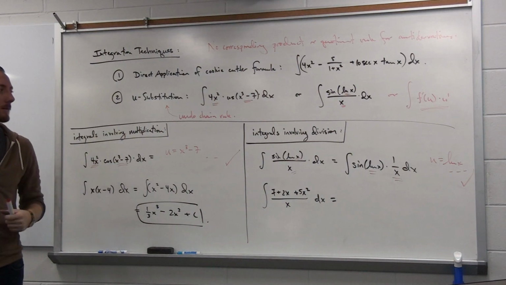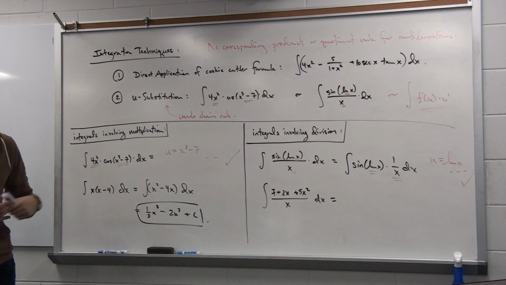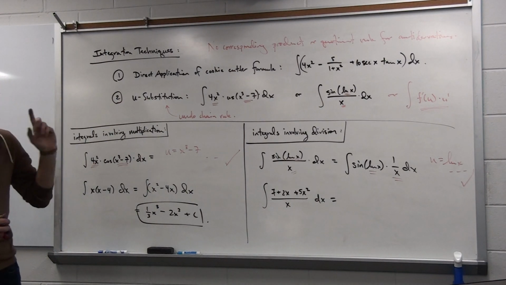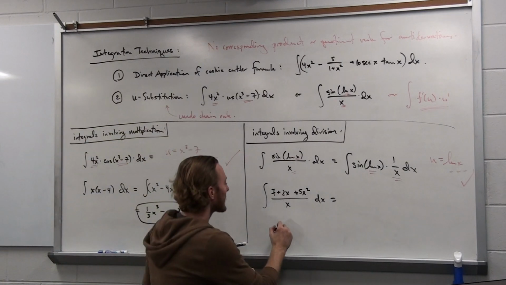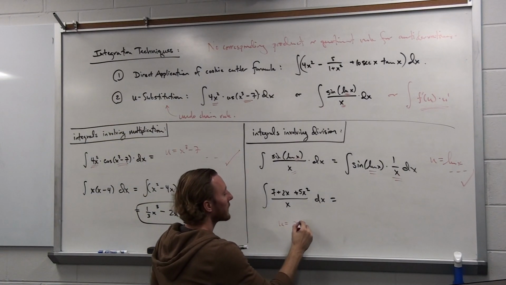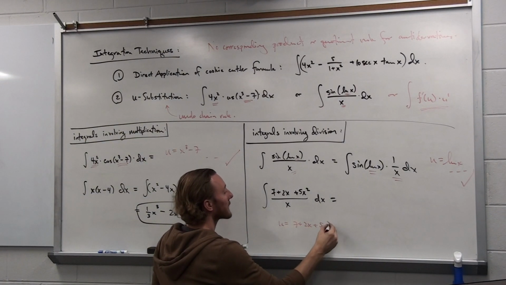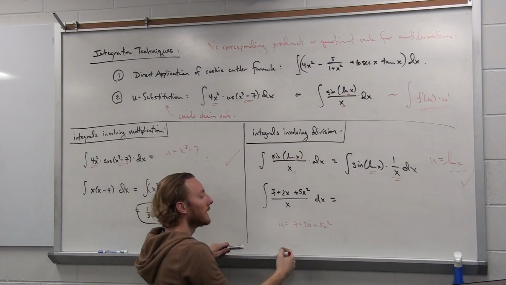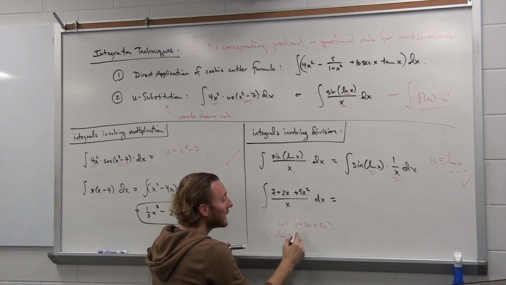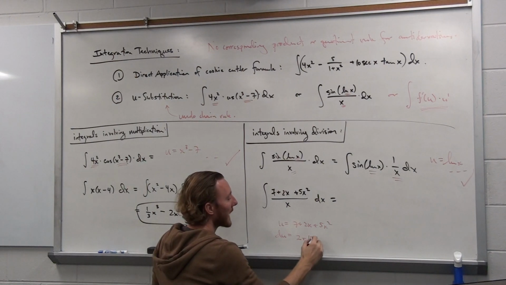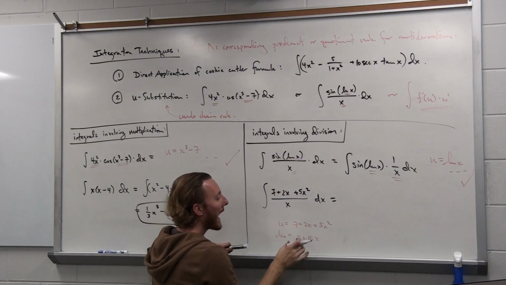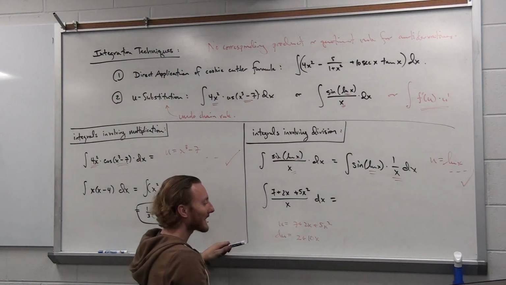What about this guy below? When you look at him, is this a u substitution integral? Now, when you think, oh, maybe this is a u substitution integral, maybe I set u equal to the denominator, 7 plus 2x plus 5x squared, because I've got a degree 2 bit and a degree 1 bit. But the issue here is that whenever you compute du, you end up with 2 plus 10x. How are you going to convert that into x?